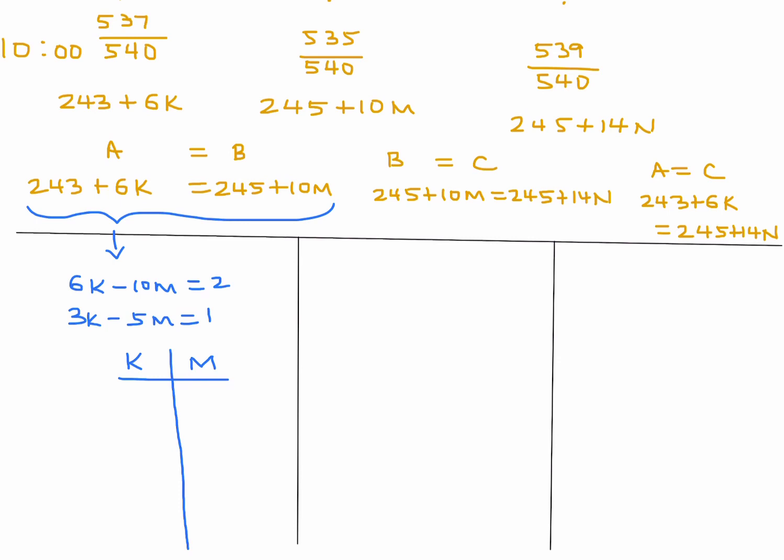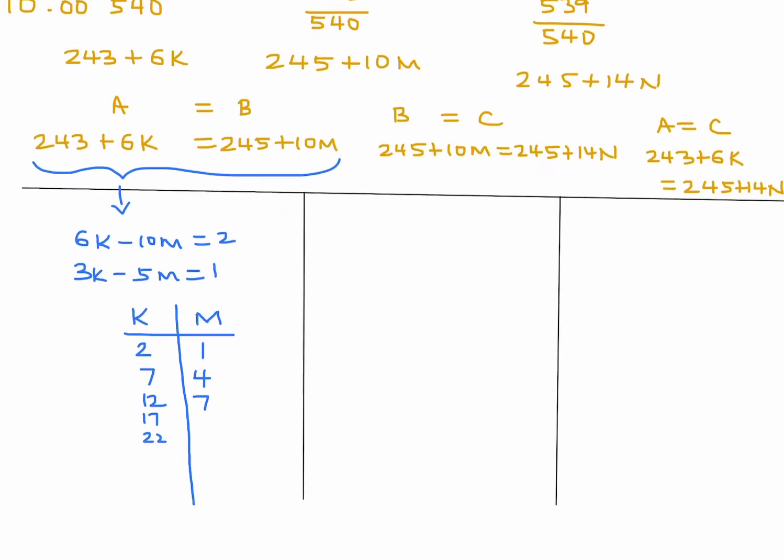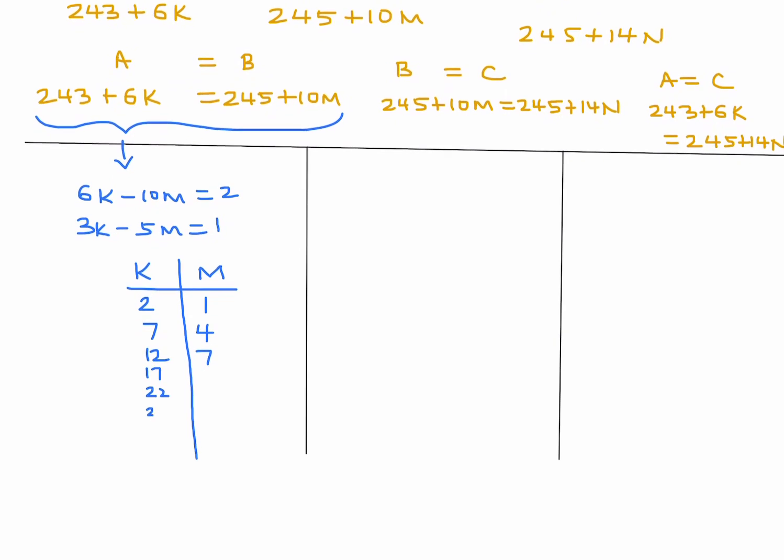So start plugging away, and 2 and 1, that will work. 7 and 4, 12, and 7, and so on. You can pretty much get a very quick pattern. It looks like it goes up by 5, so 17, 22, 27, yeah, 32, 37, 42, 47.